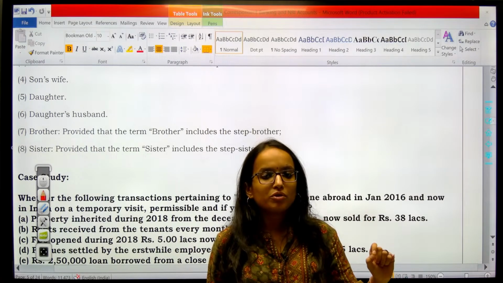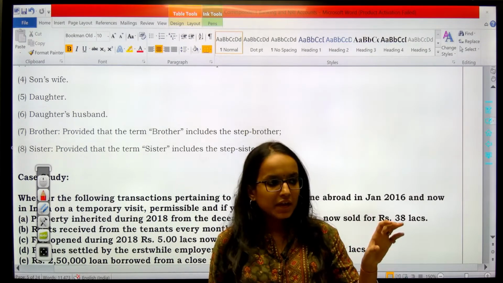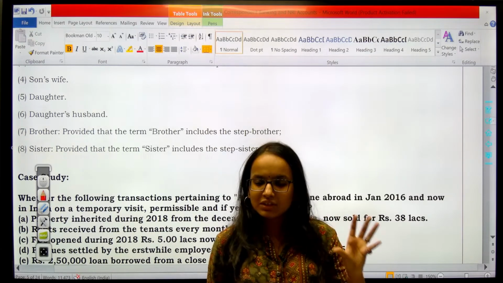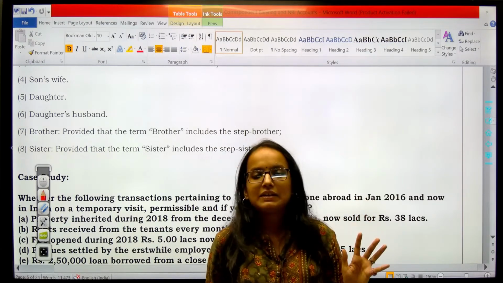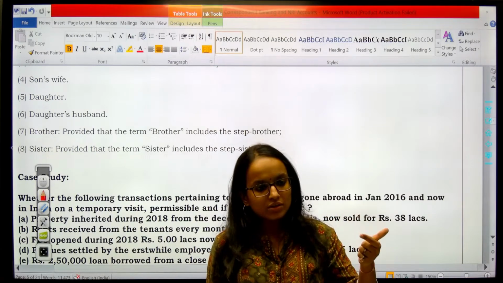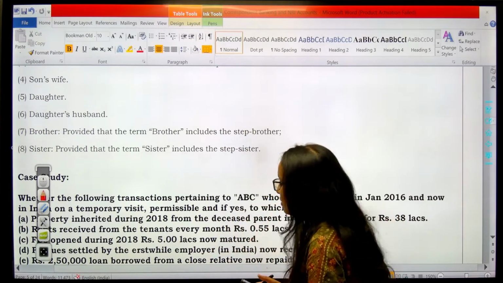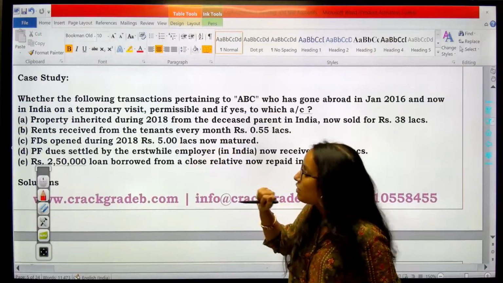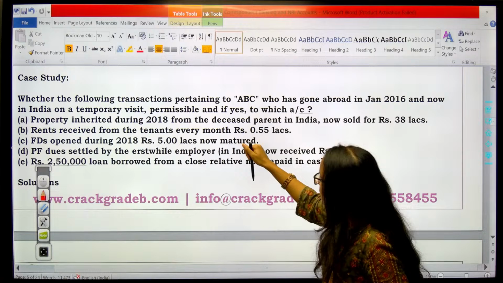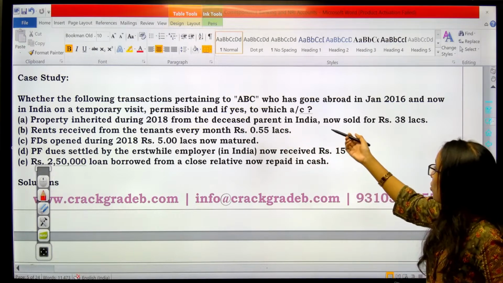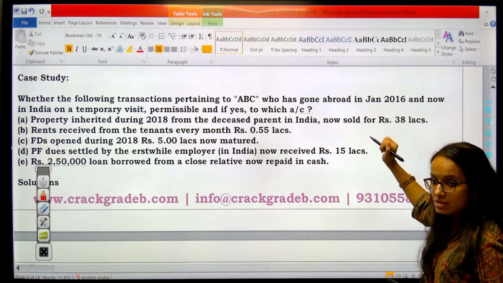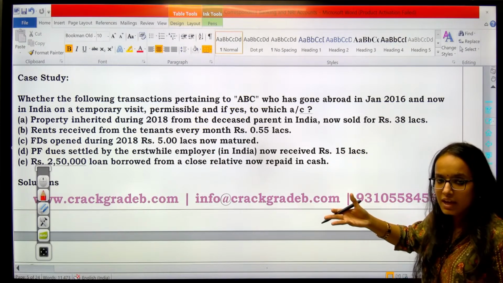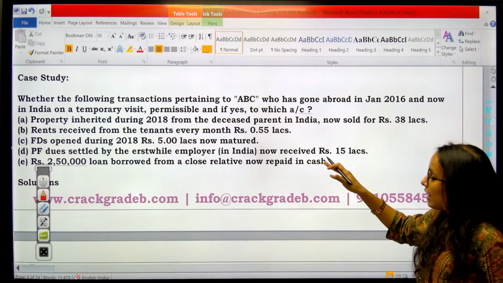So this was all about your NRE account. We have discussed all the dimensions and all the features with regard to the NRE account in detail. I hope you understood this, and from the next session, as I told you, case study based questions can be asked, like this: whether the following transactions pertaining to person ABC, who has gone abroad in say January 2016 and now is in India on a temporary visit, so is an NRI, are permissible, and if yes, to which account?